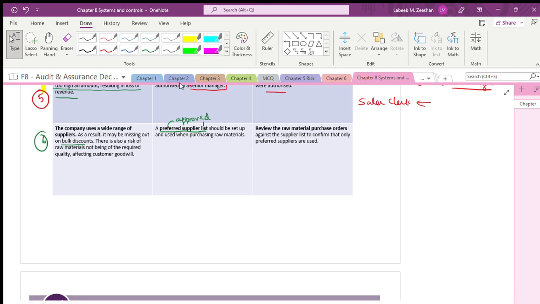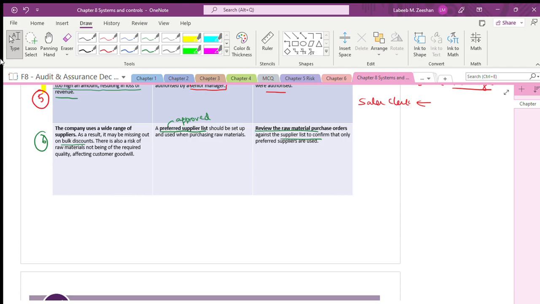It should be set up and used when purchasing the raw materials. You have to review the raw material purchase orders and check whether we have got the approved suppliers or not. That makes sense.